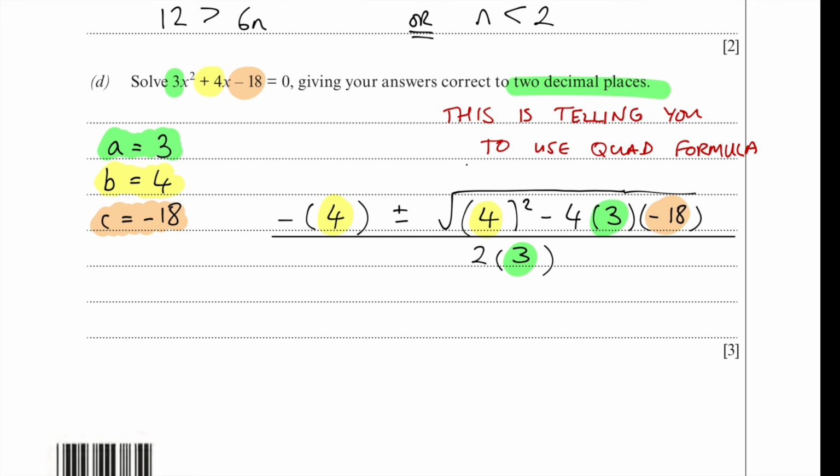That goes into your calculator, and you'll get the following answers. x equals 1.87 to 2 decimal places, which is when I included the plus sign there. And the other answer, when I use the minus sign here, is x equals minus 3.21 to 2 decimal places.